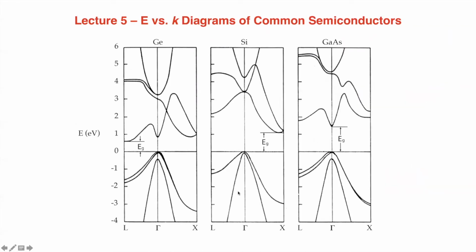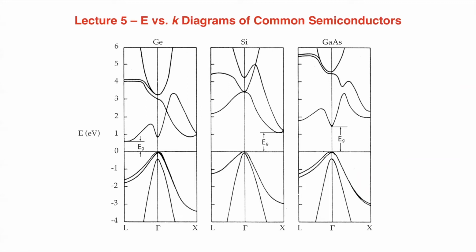Now, let's take a look at some more complete E versus K diagrams for some common semiconductors. Germanium, silicon in the middle, and gallium arsenide on the right. This is the kind of thing you'll see in a lecture type of a setting, often much more complicated than this. So let's analyze these three.